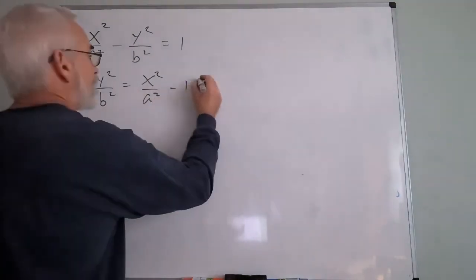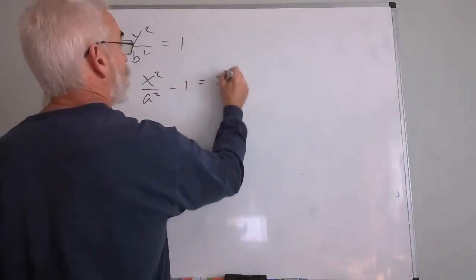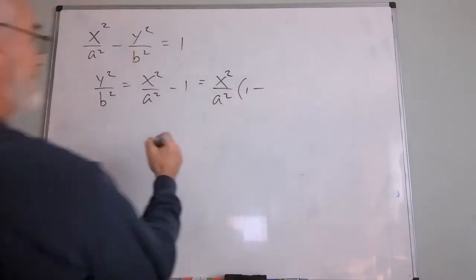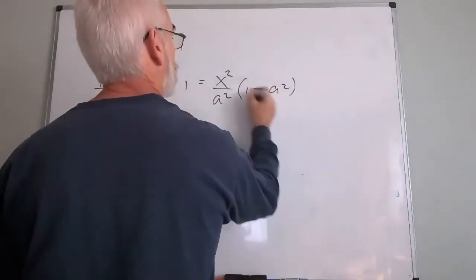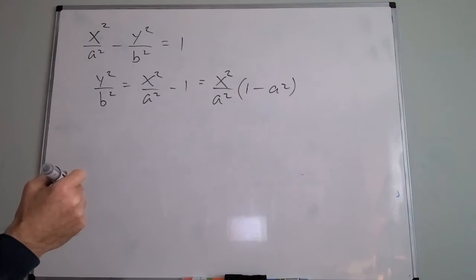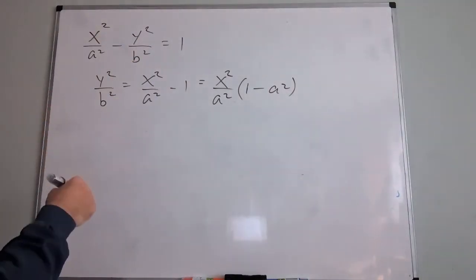I want to factor out the x squared over a squared. Just make sure I didn't mess that up.